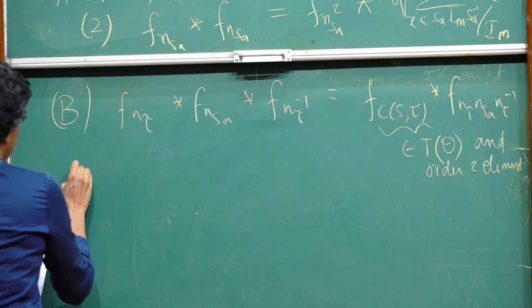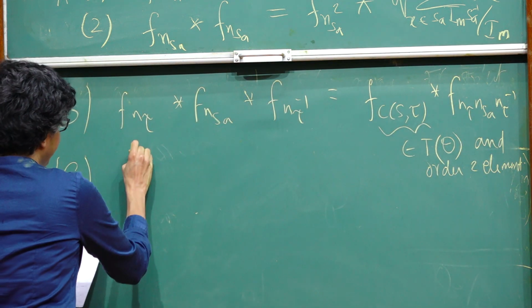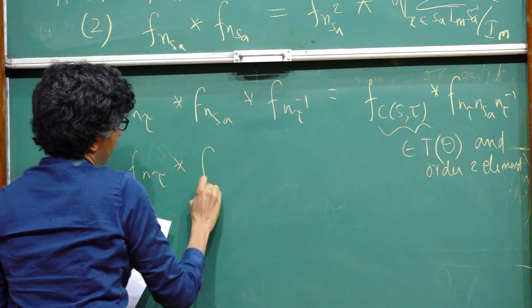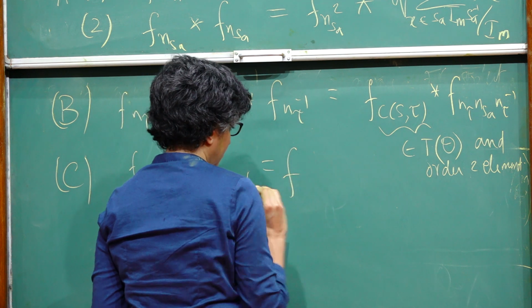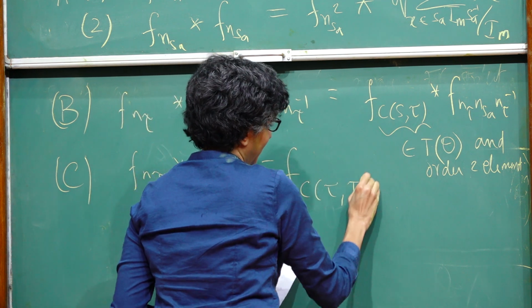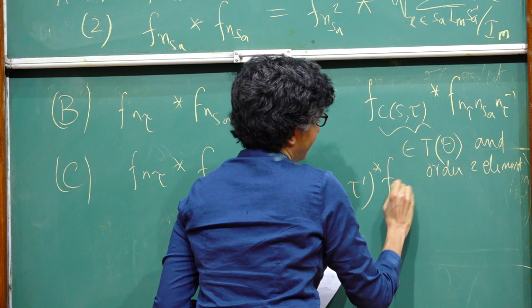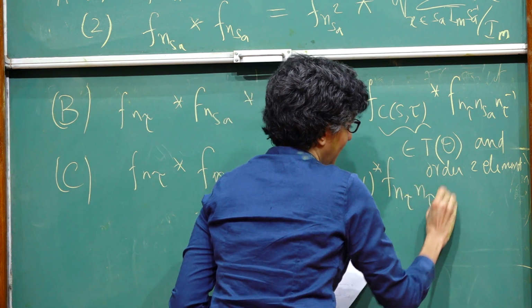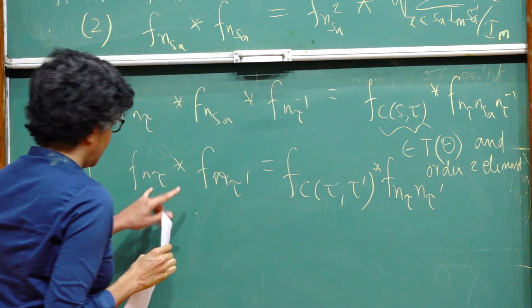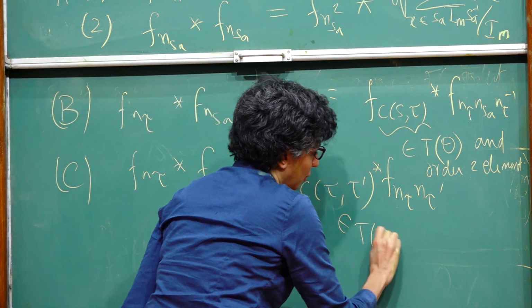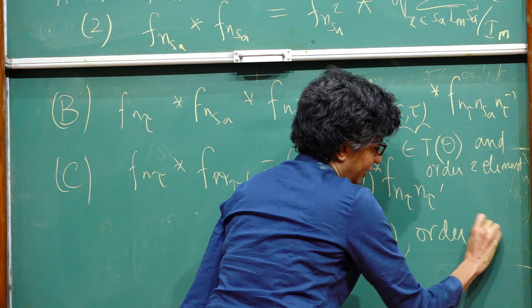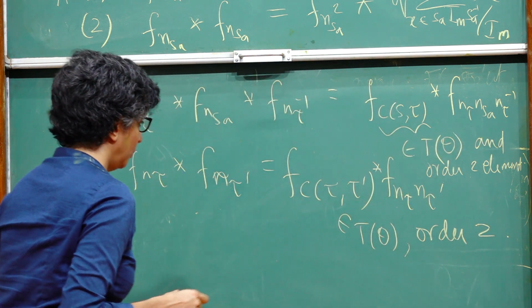And F n tau prime is some C of tau prime, say again, convolved with F n tau prime. I'll just remark that again this lies in T of O, order 2, and it shows up for the exact same reason as before.